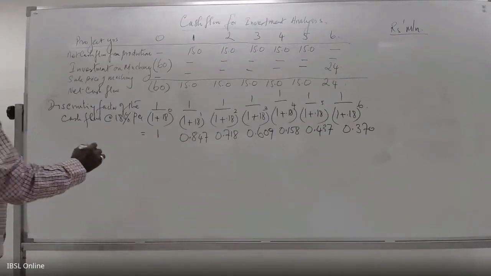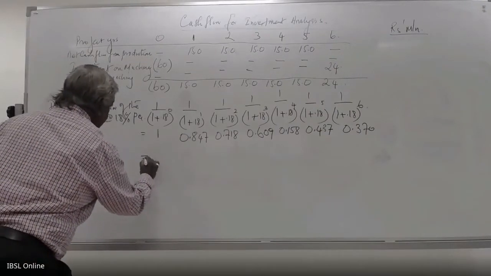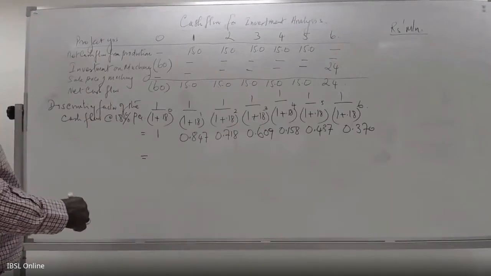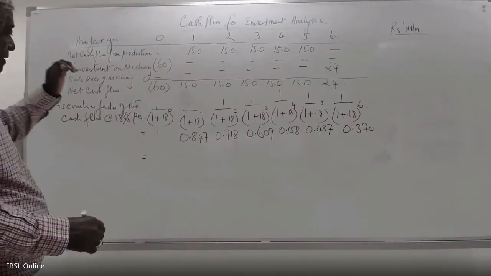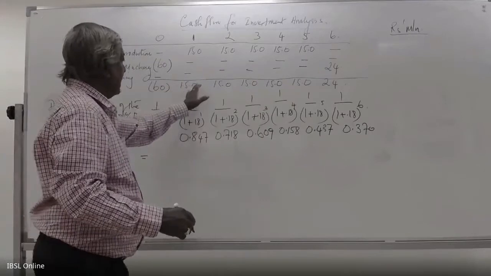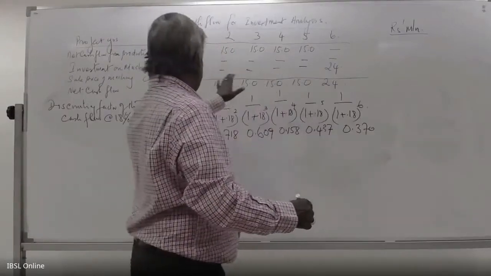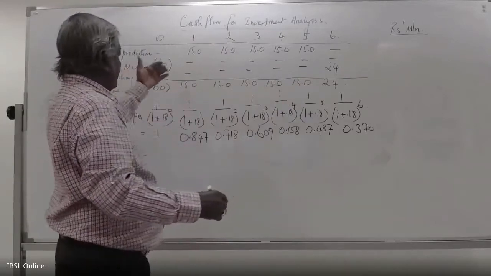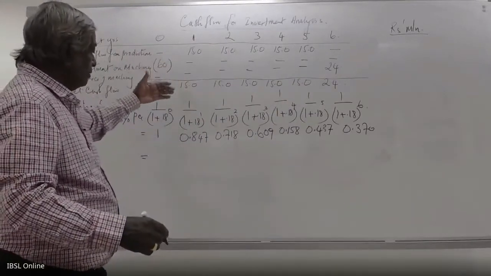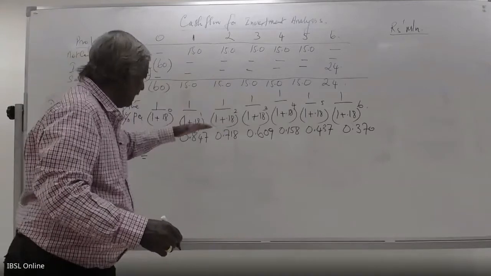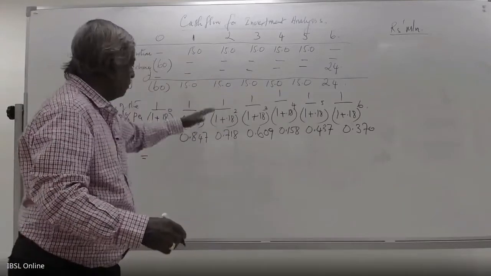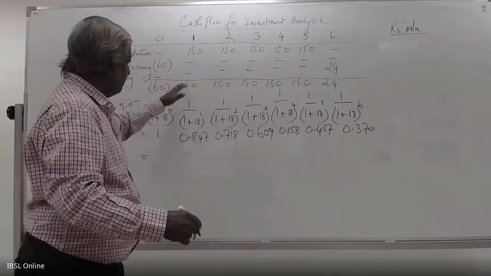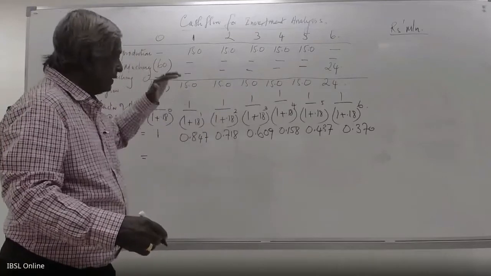Now what we had to do, we have to convert this cash flow into the PV, present value. These are all future values. We now convert into present value. So that means you multiply these future values by the respective discounting factor.